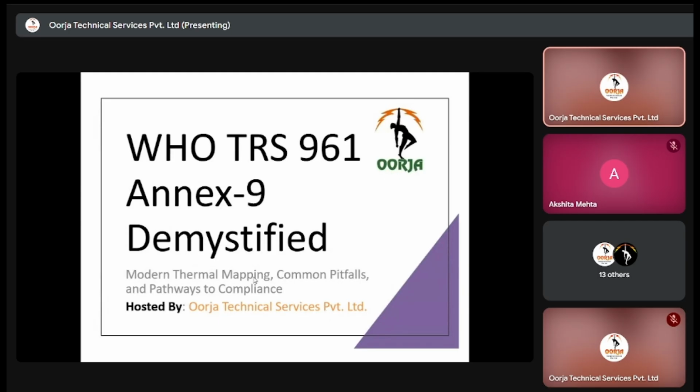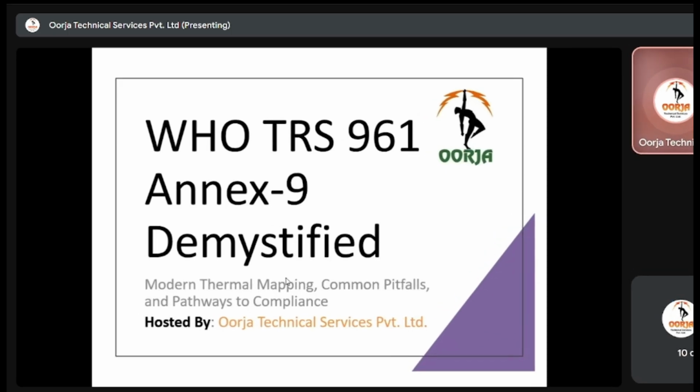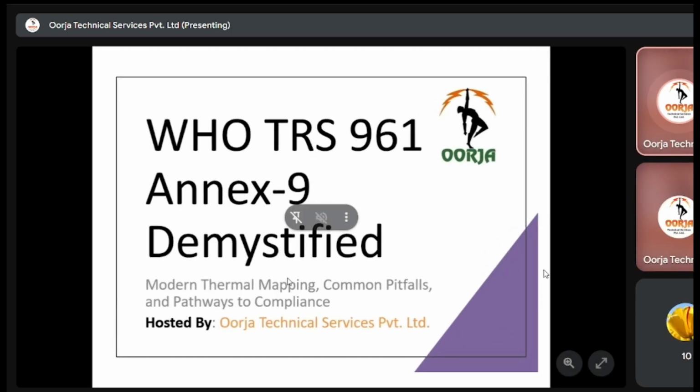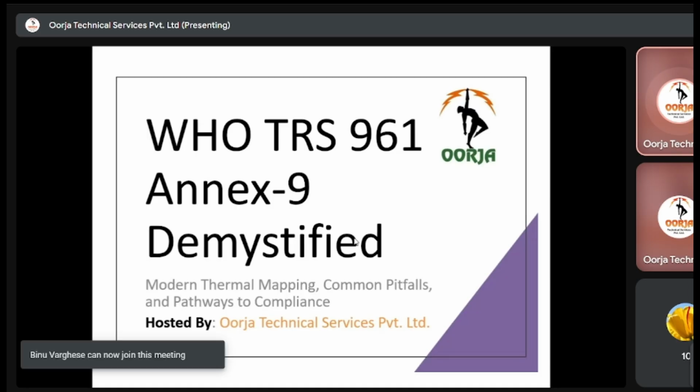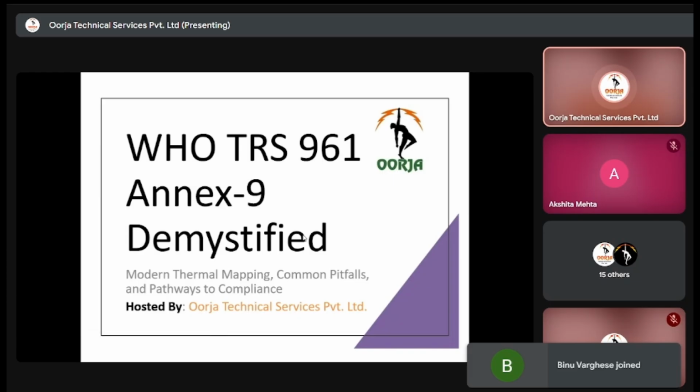In this session we will discuss primarily the mapping part, because this WHO TRS 961 Annex 9 document is designed to provide guidelines to handle TTRS, meaning how to maintain things starting from the import and warehouses and mapping and all.